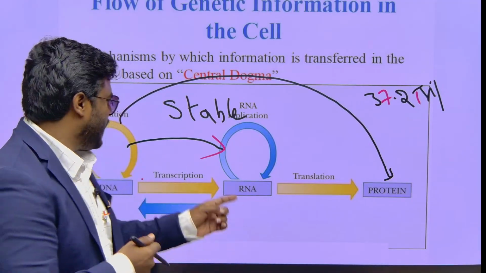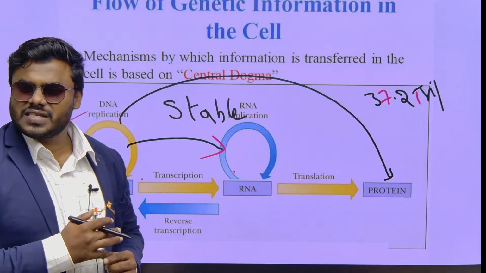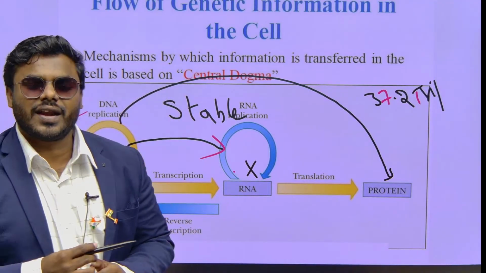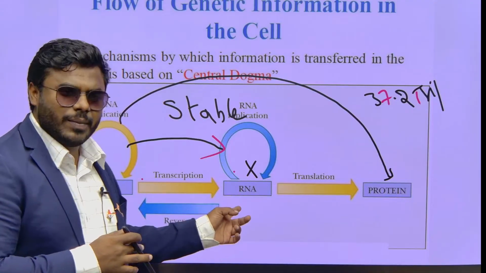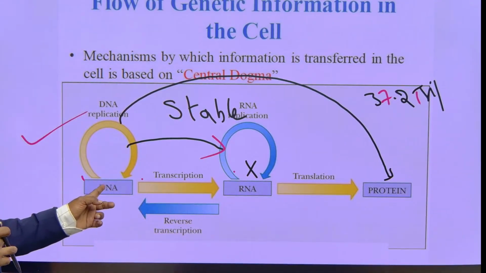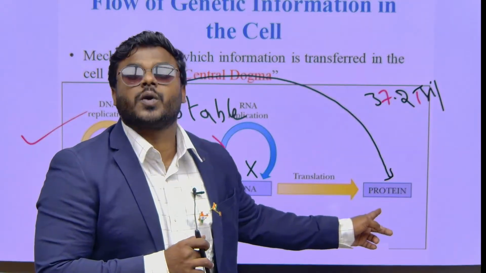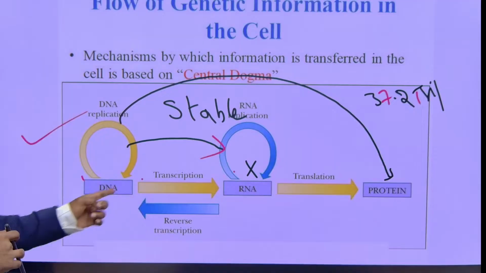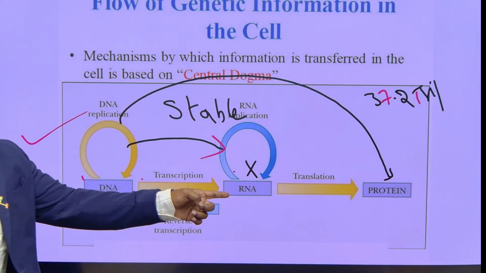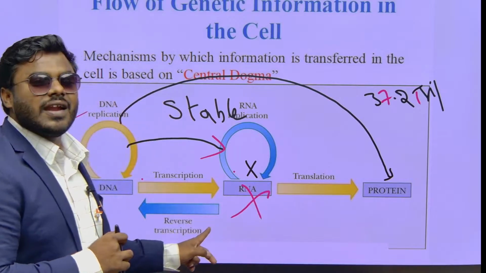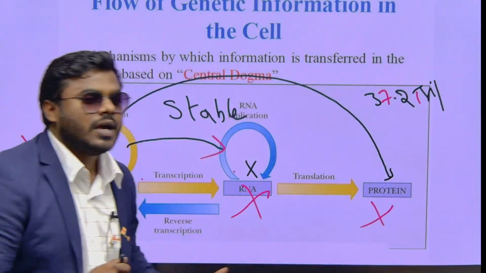An example: here RNA is involved in the synthesis of protein. Just imagine RNA is lost, or RNA got mutated, or RNA got damaged. We have what? DNA. Then DNA immediately synthesizes the RNA, and then we can synthesize the protein. Suppose while synthesizing the protein the DNA gets damaged, you can't synthesize the RNA, and you can't synthesize the protein either.